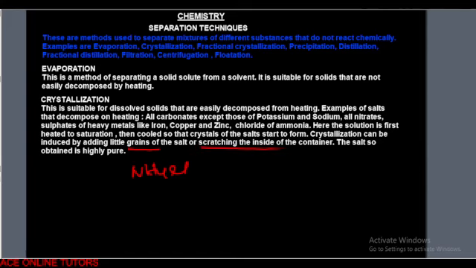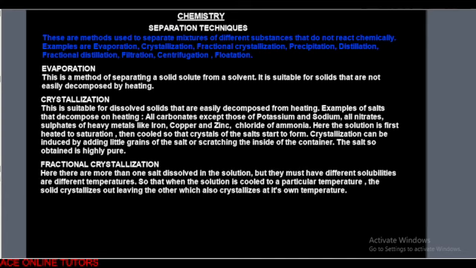Or you scratch the inside of the container. So you either do this, you add little amount of the salt to the solution so that the crystal can form, or you scratch the inside of the container. Now note, the salt that we obtain from here is going to be very pure. So that's how we carry out crystallization.